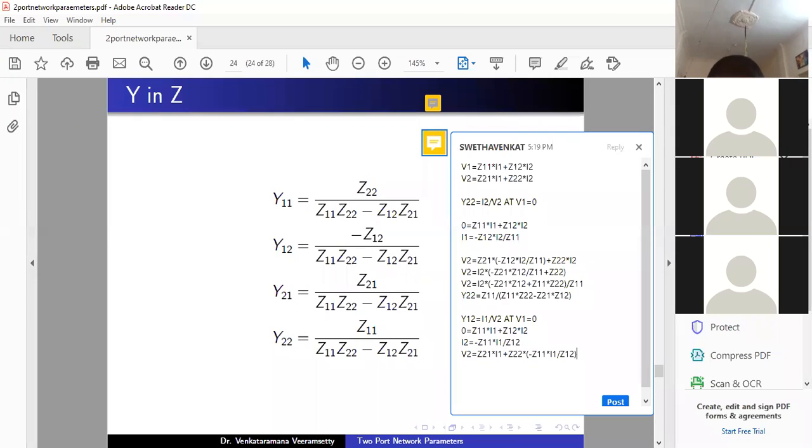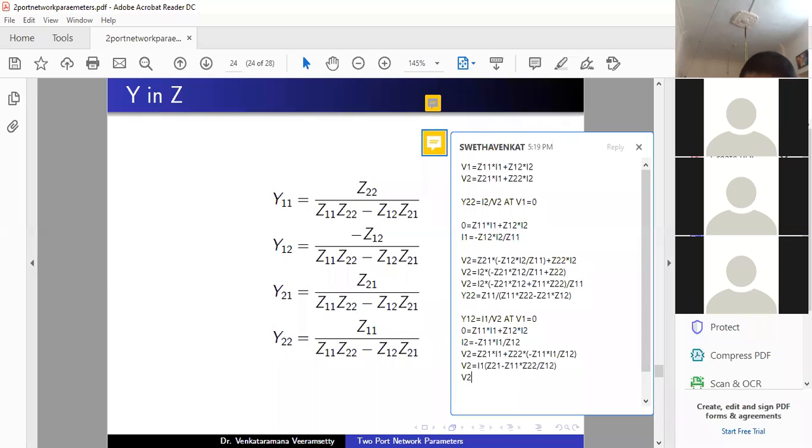That's it. Okay. Now from this equation, take I1 common. If you take I1 common, then we have Z21 plus, no, it's a plus and here it is a minus, so this will become minus, and we have Z11 into Z22 divided by Z12. Right?